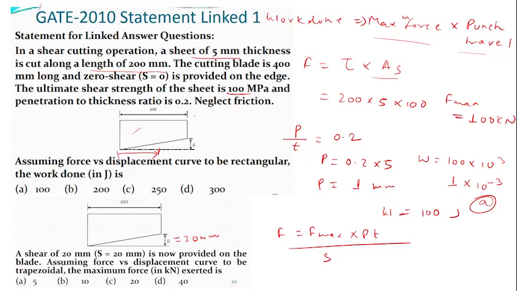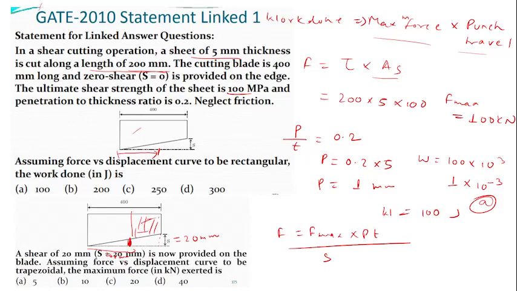Now in the question, it is mentioned that the cut we are making is along the length of 200 mm. But here they have given the shear of 20 mm for 400 mm length. You have to cut along this length only. Suppose this is 200 mm, so till this length only your material will be cut, right? The rest is not of our interest. So we have to get this height.